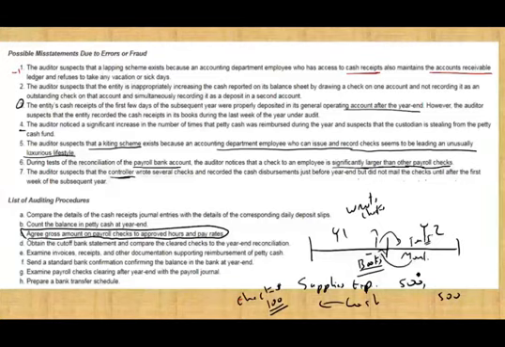So what are we suspecting? We're suspecting that the check was not mailed, because it should have been cleared much earlier. So we need to go back and look at the bank reconciliation. A cutoff statement will show you what checks cleared, and then we see if they were on the bank reconciliation. If they did not mail the check until the following year, it's not on the bank reconciliation.